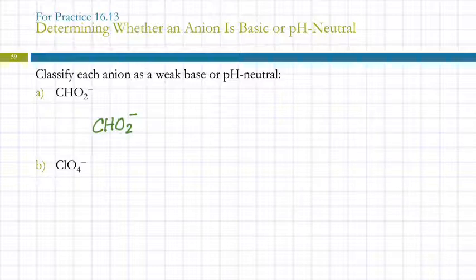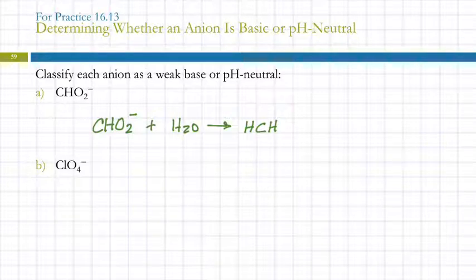It can act as a base. When this acts as a base, what do we get? Well, we'll put the H on at the beginning. HCHO2. And it's going to take 1 because it has a -1 charge. And then we'll get hydroxide ion.